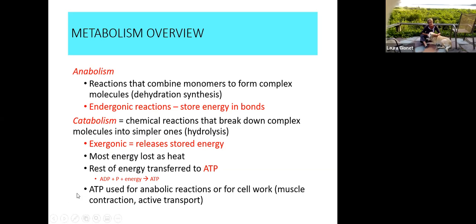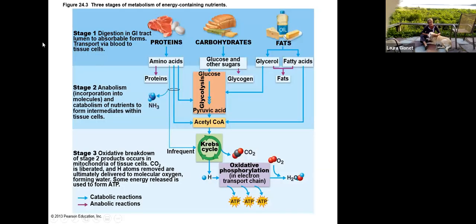ATP is used for anabolic reactions and for cell work, muscle contraction, any kind of active transport or pumps that need to be maintained. Okay, so every cell needs lots of ATP for maintaining homeostasis, so to speak, within the cell itself.